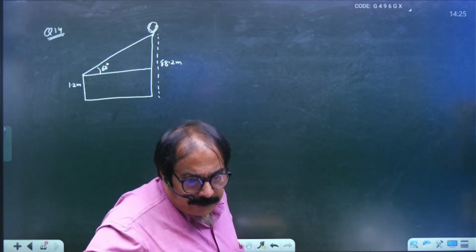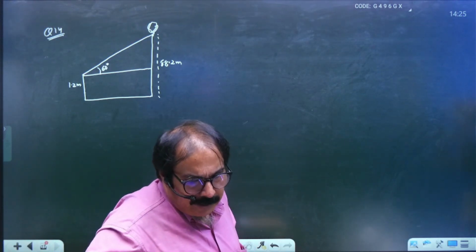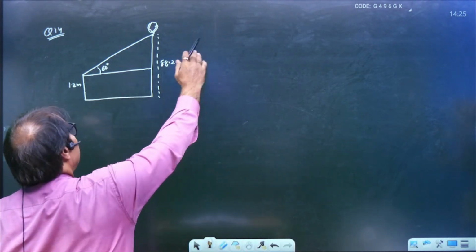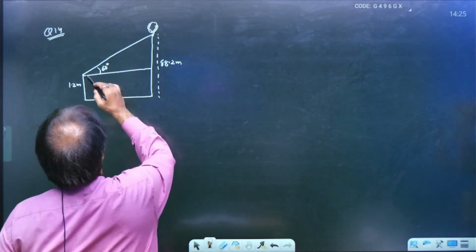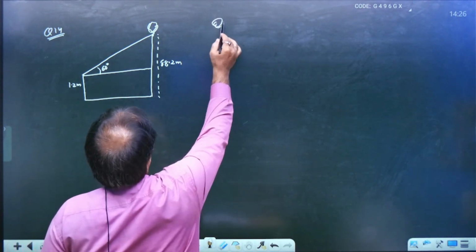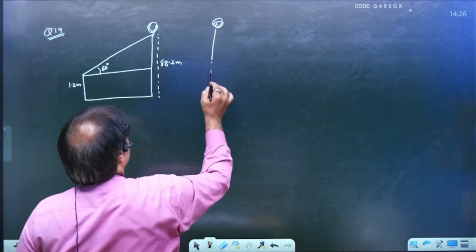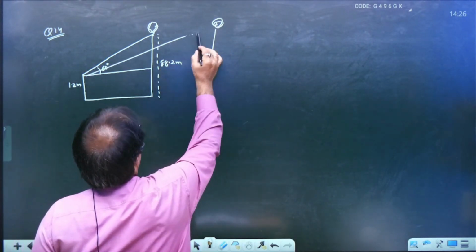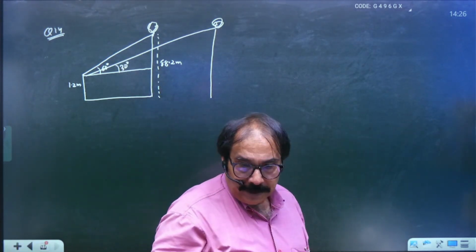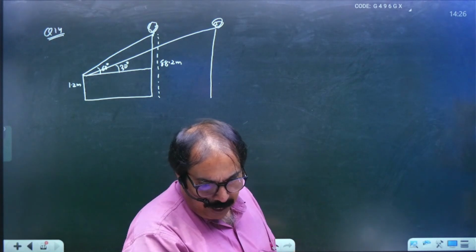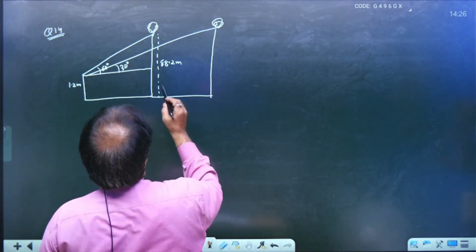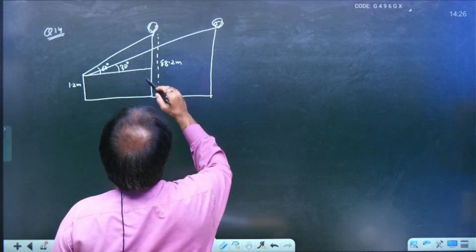And now the question says, after some time the angle of elevation reduced to 30 degree, means the balloon is moving towards the right because the angle is reducing. So suppose after few seconds, now the balloon moves up to this position. So this angle she observes 30 degree. So the question says, find the distance traveled by the balloon during this interval, right? Means this distance we have to find.